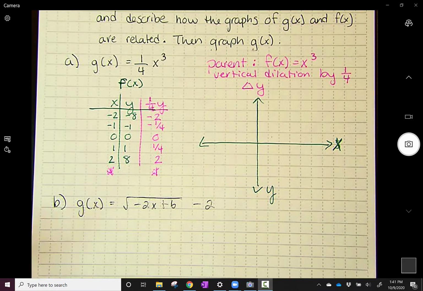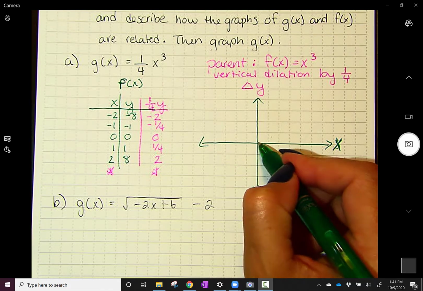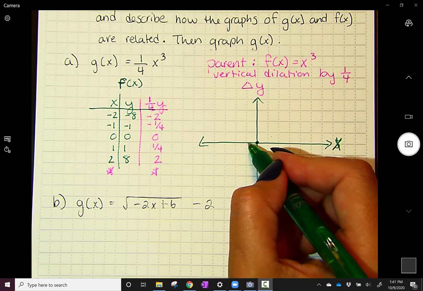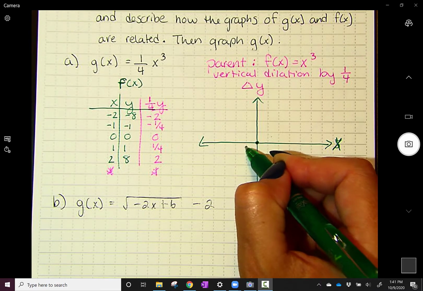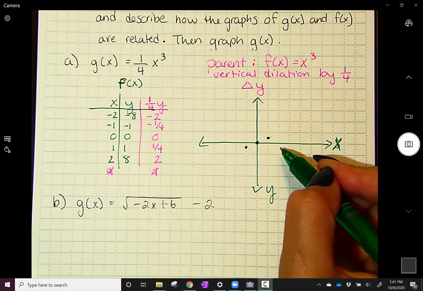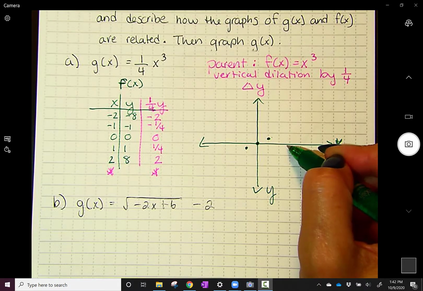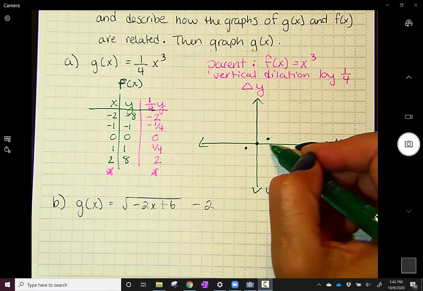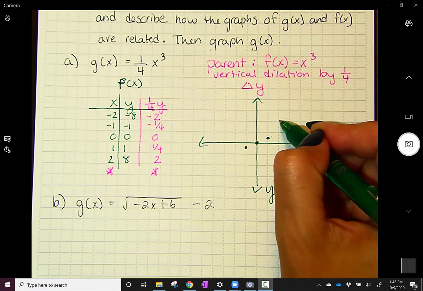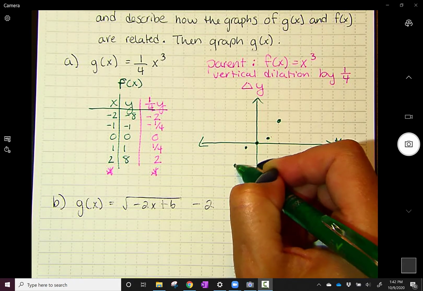So I have my xy coordinate plane, and I'm going to do 0, 0, -1, -1/4, +1, +1/4, then 2, 2, and -2, -2.